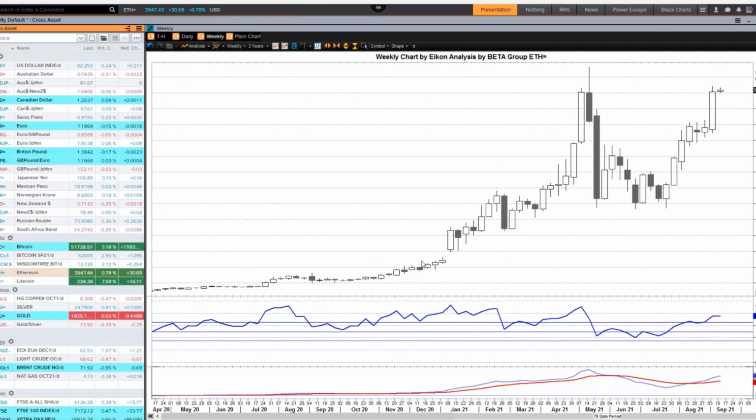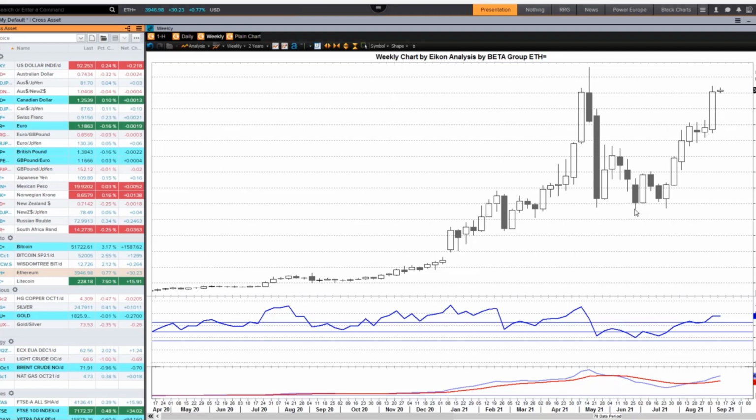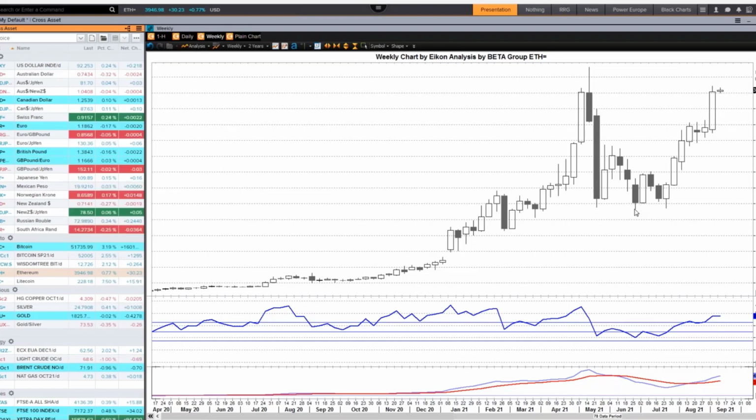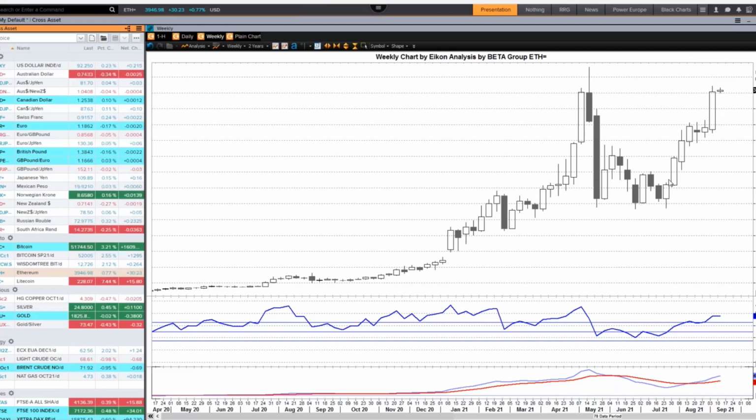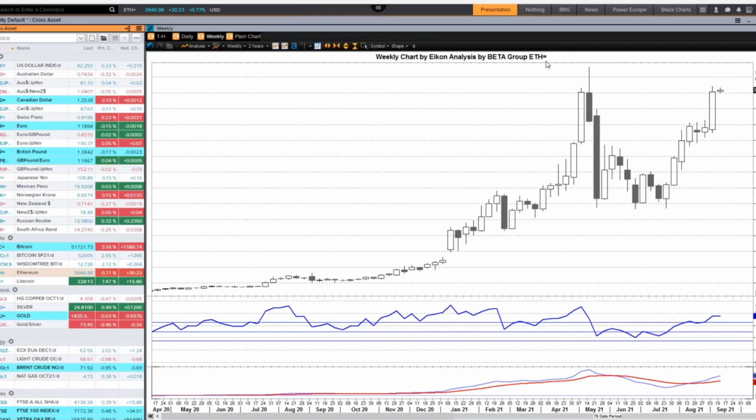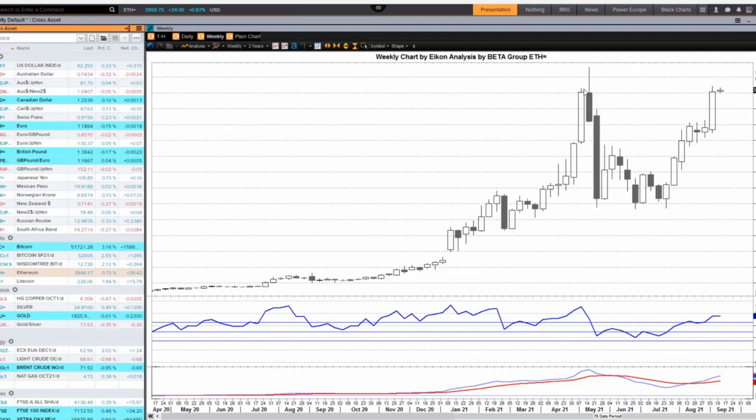So when the bears were in control during this period here, it fell the least, only 50%, whereas the others fell more than that, and Litecoin crashed even through 61.8%. So when the bears had their chance, they were the least strong, and so therefore the bounce, not surprisingly, is hardest. But also, it is the one with the least resistance up here.